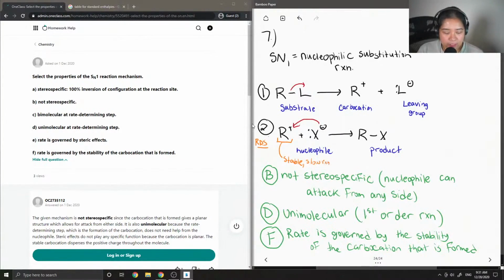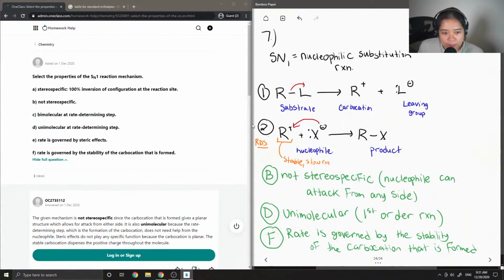Well, it would be slower because the nucleophile wouldn't want to attack something that is stable. So that reaction that forms our product would be slower. But if the carbocation was unstable, then the reaction would take place faster and make us more product.